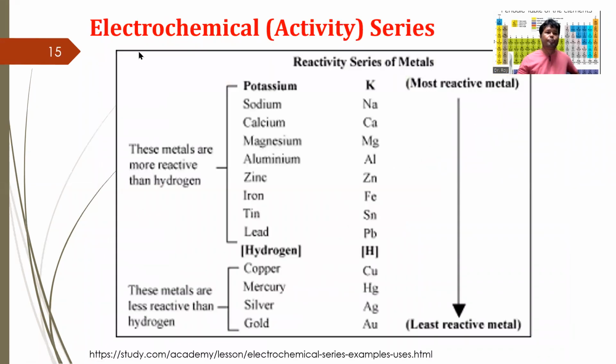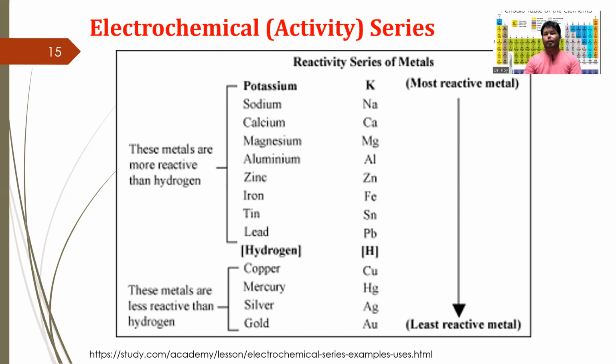Now, the electrochemical series is a little bit more important. We have learned something about it in the periodic table. In the periodic table, we have seen that metals increase in reactivity from top to bottom, and non-metals increase in reactivity from bottom to top, along with many other properties.